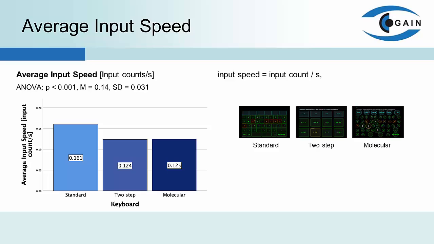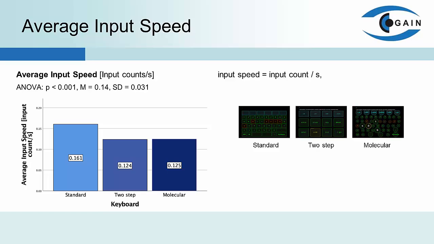However, taking into account the ultimate goal of gaze keyboards, which is enabling the communication by gaze interaction, we decided to use the average input speed, which equals the number of all input events, not only the letters, divided by the total time of entering the correct text, which is necessary to complete the task, including also time of incorrect inputs and its corrections.